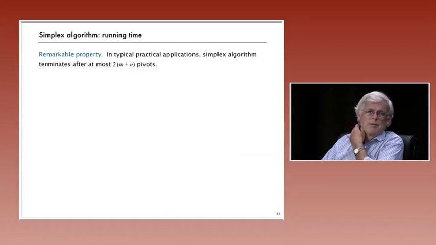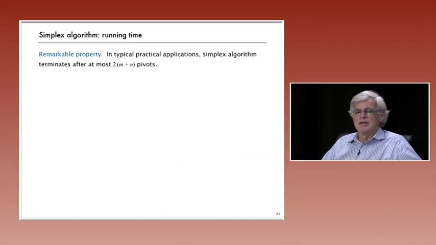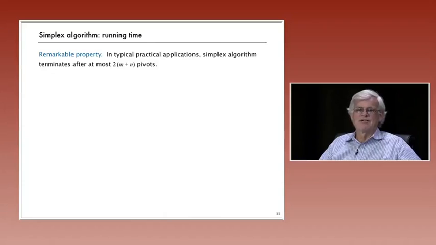Now, what's remarkable about it is, remember, in multiple dimensions, the number of points on the simplex could be high, could be exponential. But what's remarkable about the simplex algorithm, and still today even somewhat mysterious, but certainly very mysterious for the first several decades that it was used, is that it seems to find the answer after just a linear number of pivots.